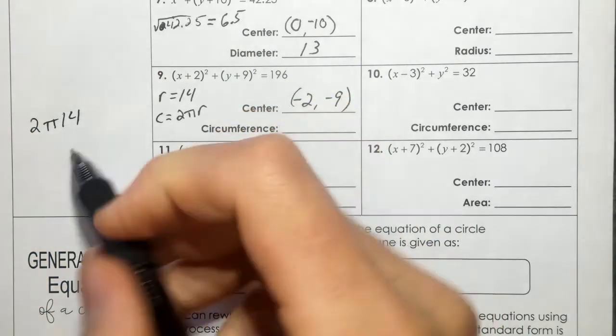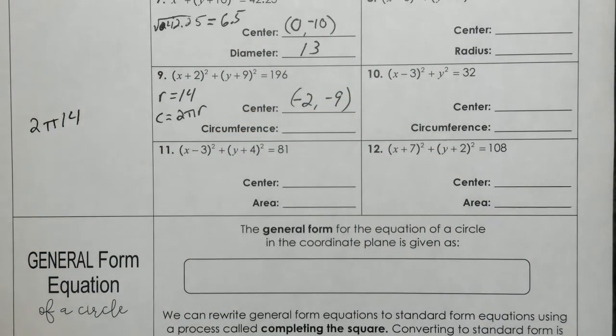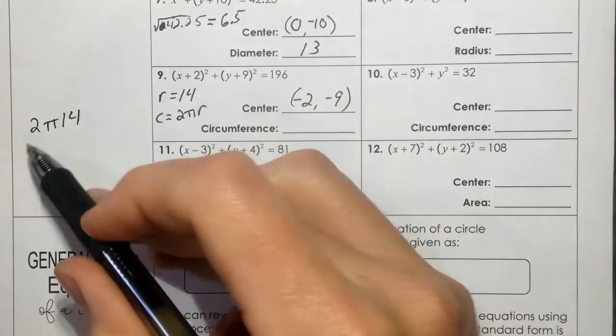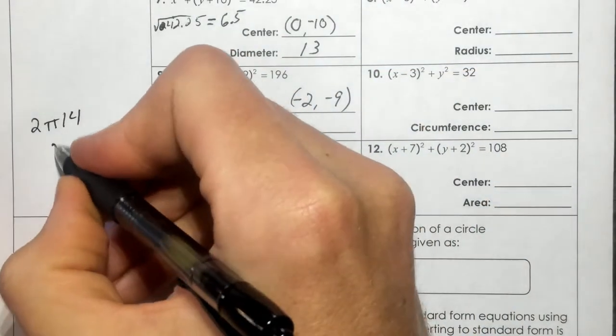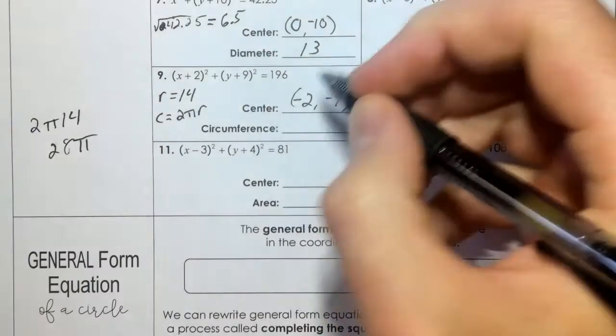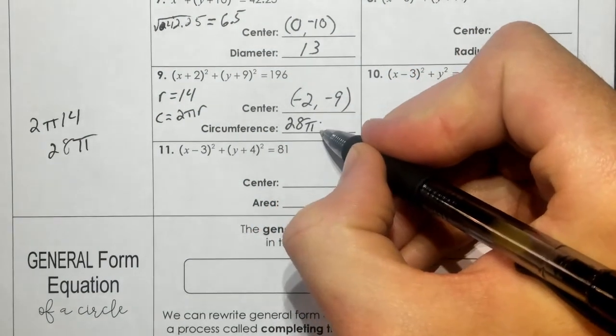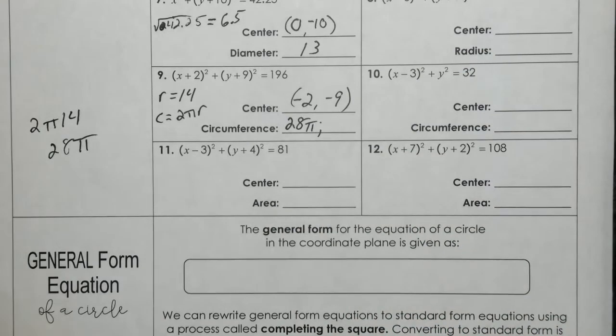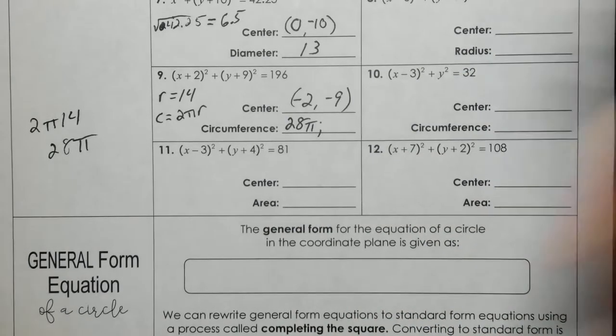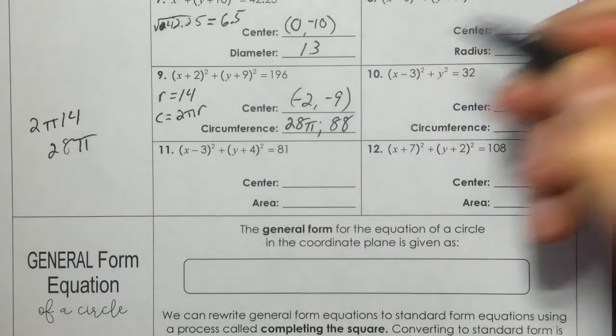I'm going to leave pi in my problem and just multiply 2 times 14. It's 28 pi, so my circumference is 28 pi. And if we take 28 times 3.14, we get approximately 88. So we can say that it's about 88.